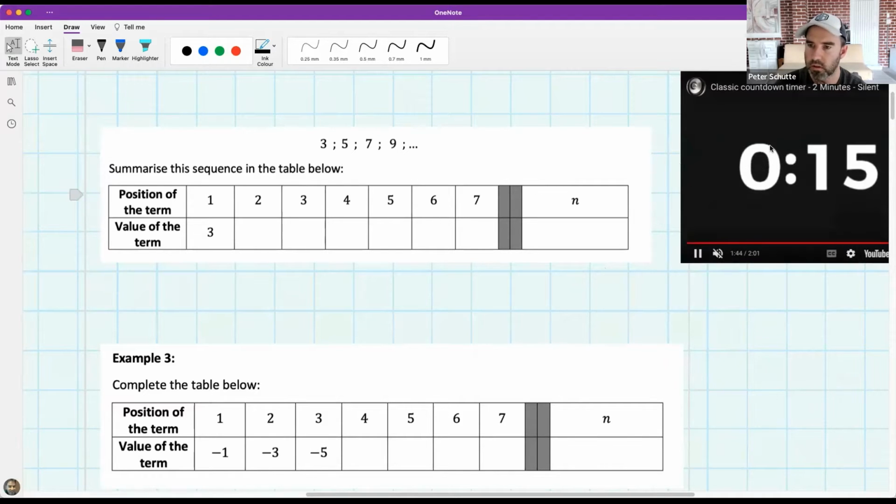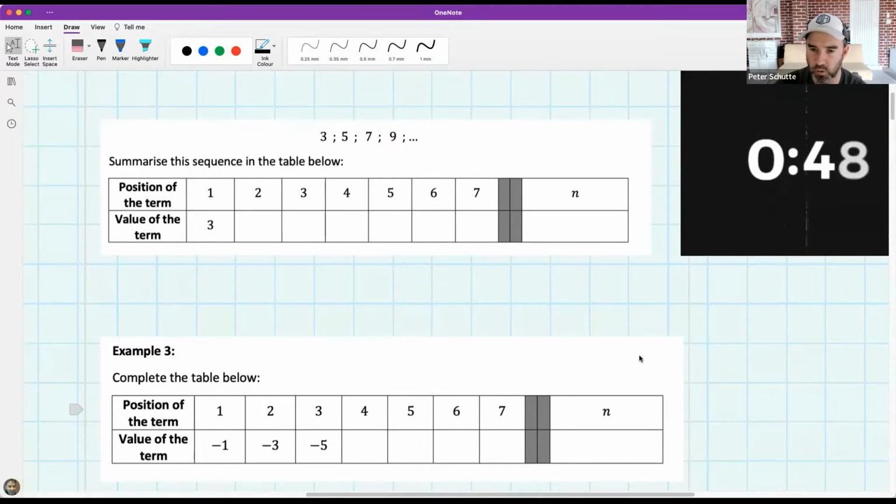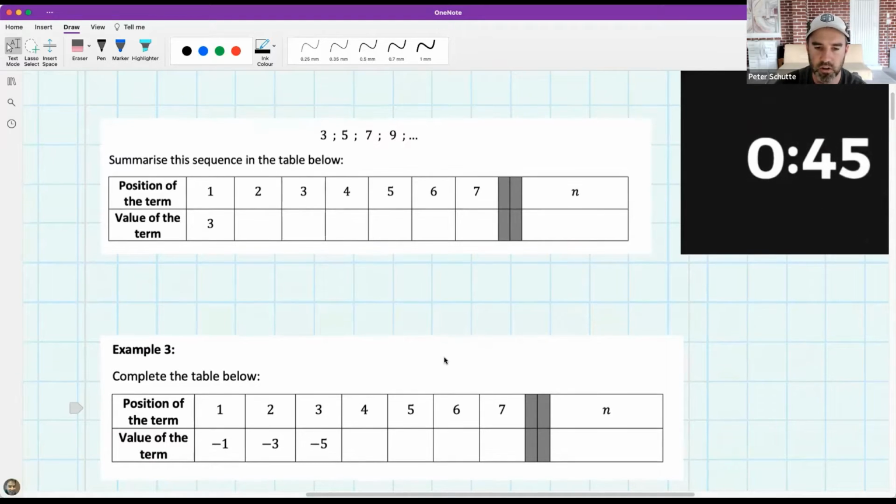Yes, please. Oh, I see some answers coming. Let's give a little bit more time. For those students who are ahead of the game, you can do example 3 as well. But for now, let's give a little bit more time.